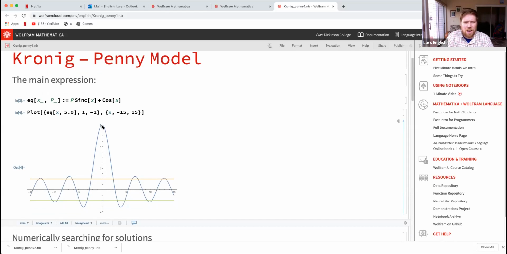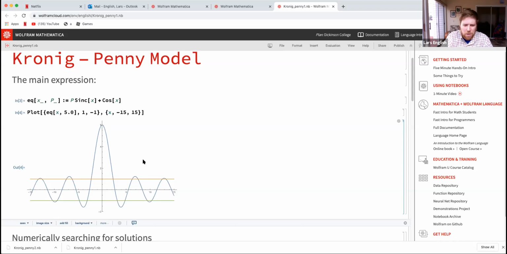That does make some sense, right? Because p is 5, the sinc of 0 is 1, so you have 5 times 1, plus the cosine of 0 is 1. 5 plus 1 is 6. So it makes sense that it starts out at 6, but that is much larger than 1, so there's no way we can find any k such that the cosine of kx is equal to 6.